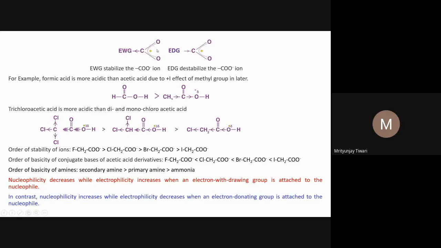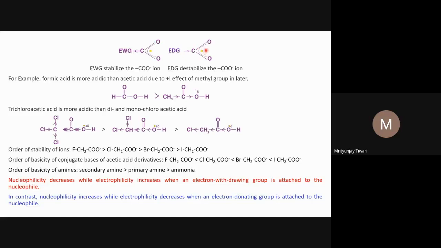So it stabilizes the conjugate base, and if it stabilizes the conjugate base, the acidity of the acid will increase. And if you put an electron donating group on a carboxylic acid, we see that the acidity of that system decreases because of the electron donating plus I effect. We can understand this in terms of the stability of the conjugate base again.